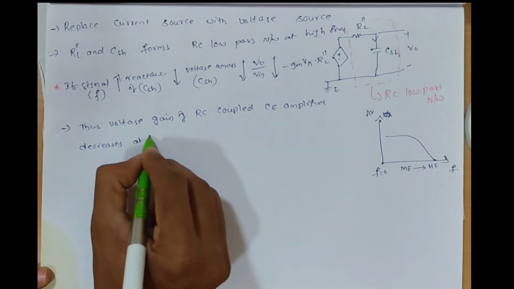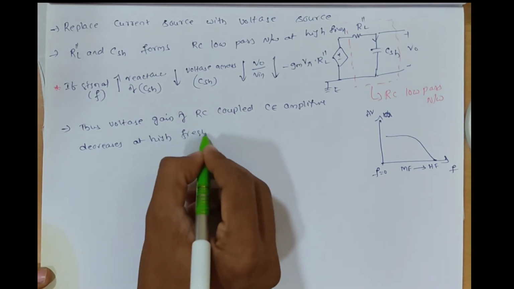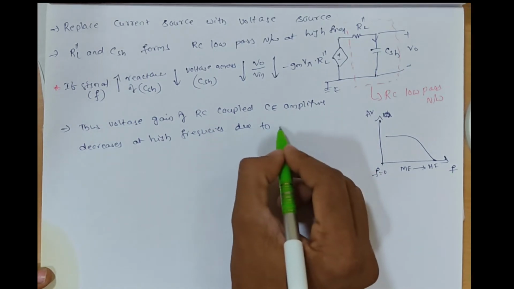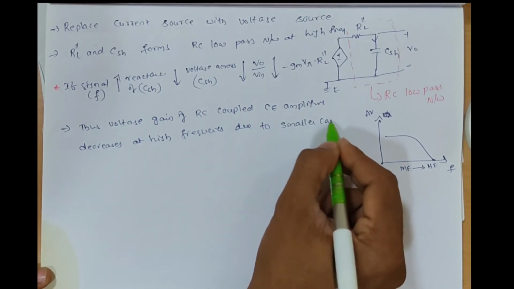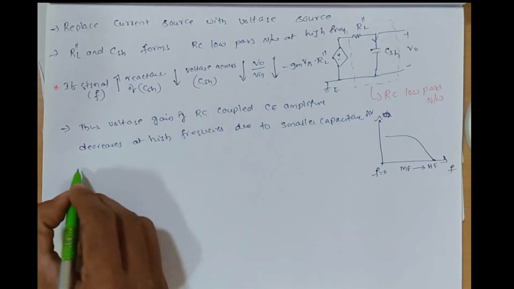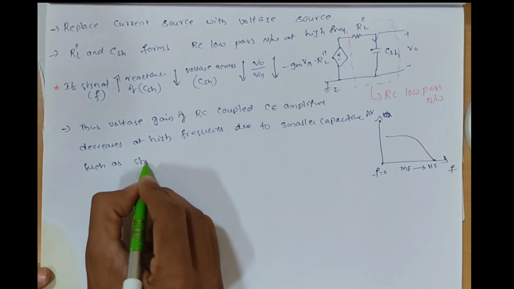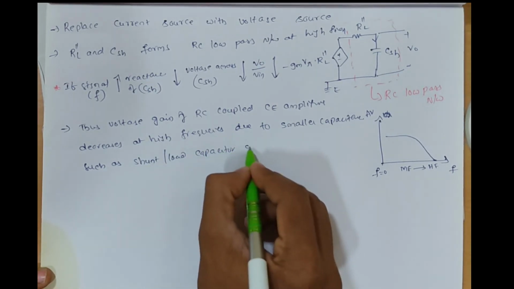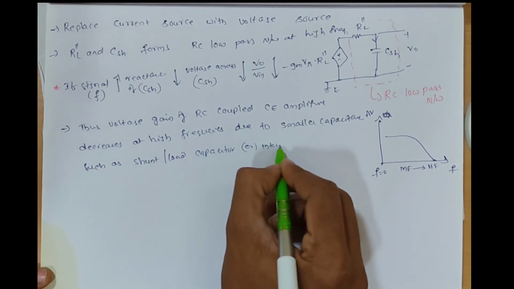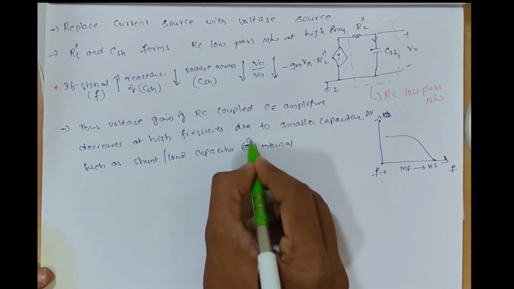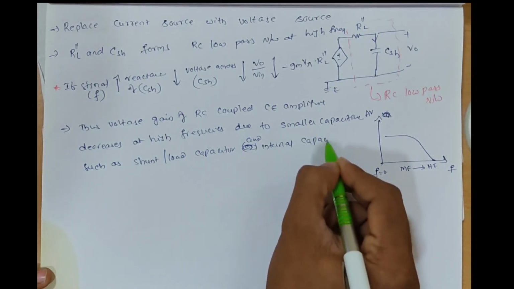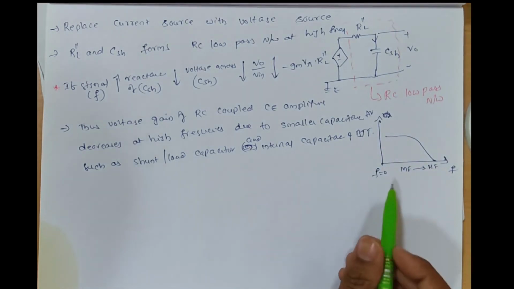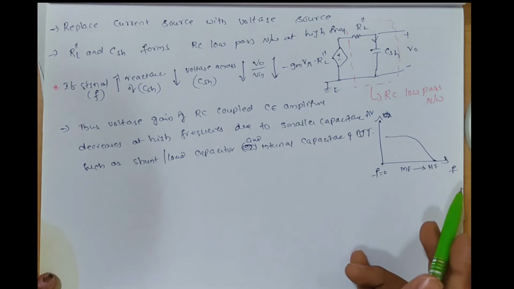It decreases at high frequencies due to the smaller capacitance, such as shunt or load capacitor, or we can say due to the shunt and load capacitance and internal capacitance of BJT. Yes, due to the small capacitance, the voltage gain will decrease at higher frequencies.